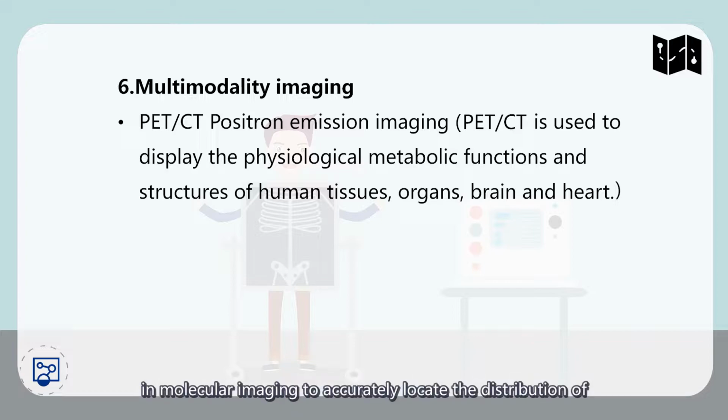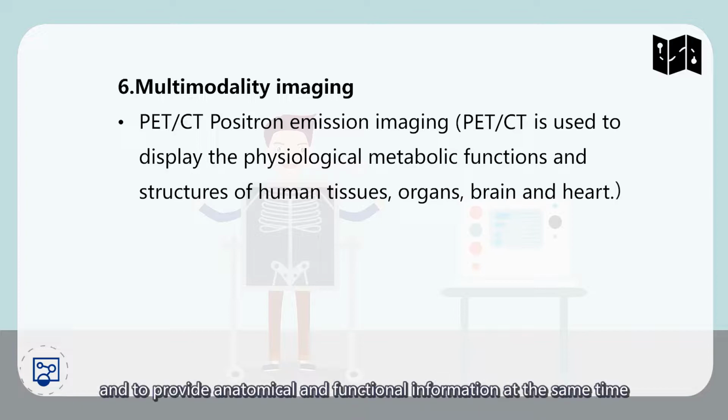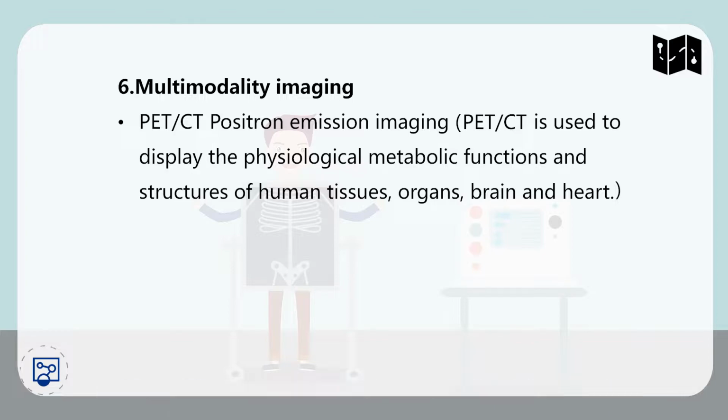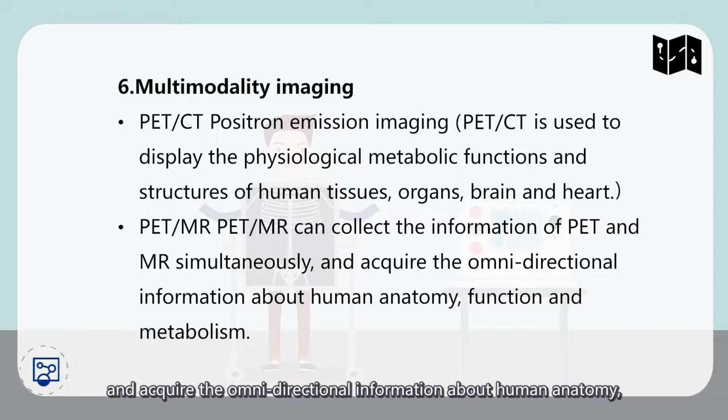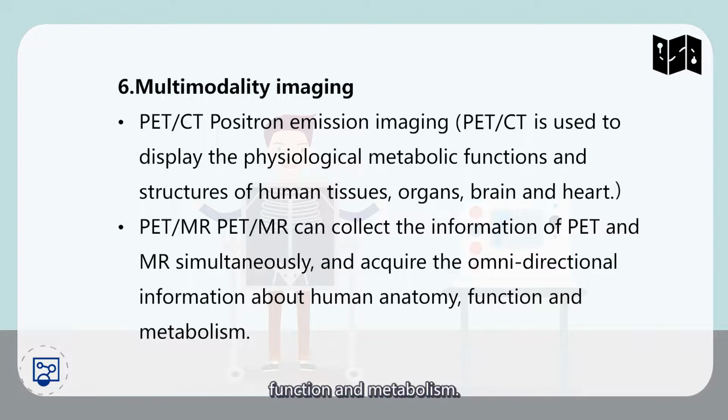They accurately locate the distribution of the nuclide by using CT technology to provide anatomical and functional information at the same time. Also, PET-MR can collect information of PET and MR simultaneously and acquire omnidirectional information about the human anatomy, function, and metabolism.